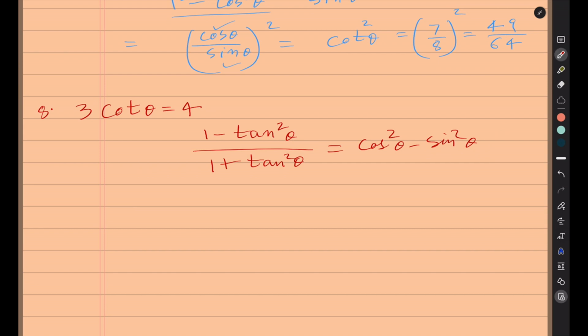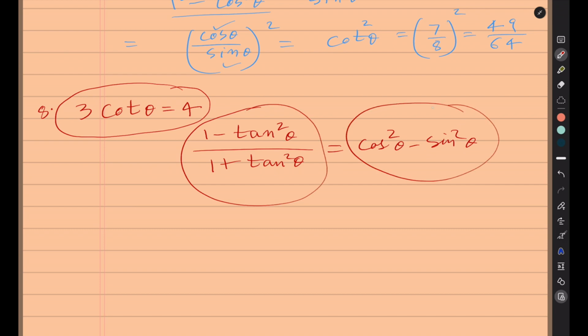So one thing we can do is utilize this given value, convert it into the corresponding trigonometrical ratio, and then evaluate the value of this one and then the value of this one. But there is one more way of doing that also. We can just take this expression: 1 minus tan square theta, we can write as sine square theta divided by cos square theta, isn't it?